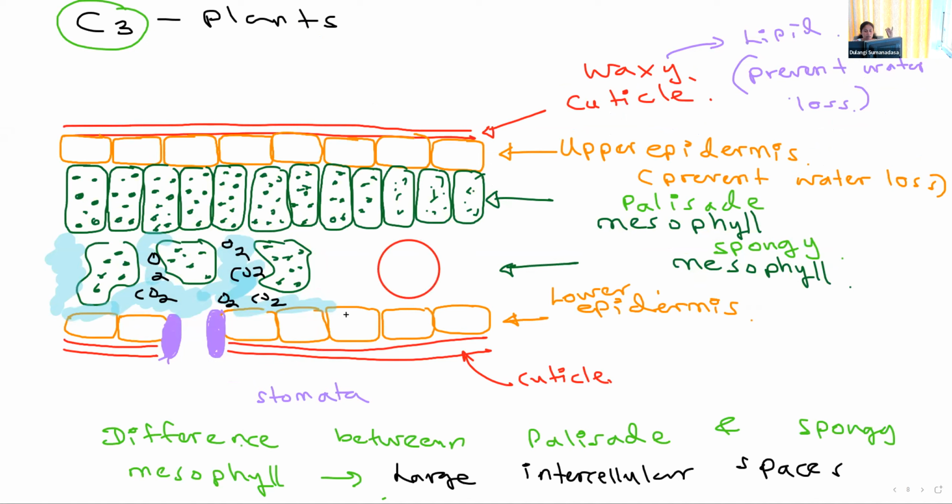I need the bundle sheath, I need the xylem, I need the phloem. Right? So this is it. This is the cross section.